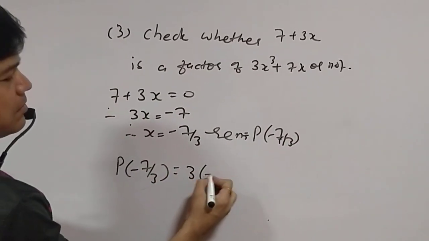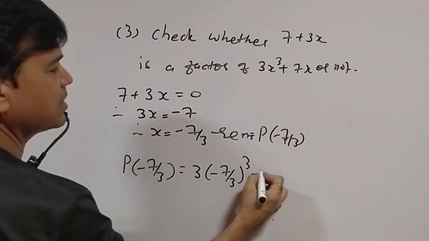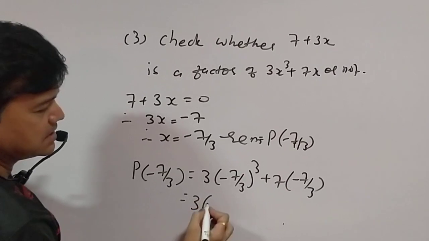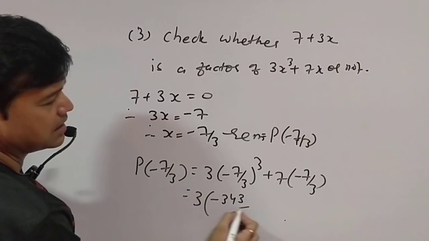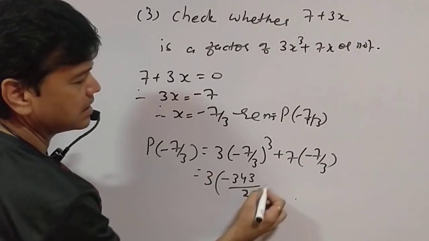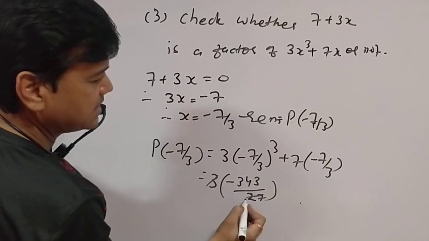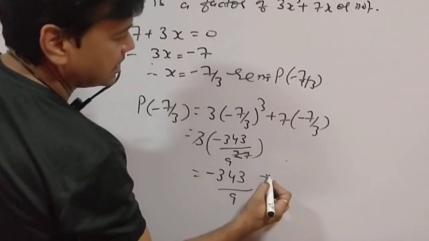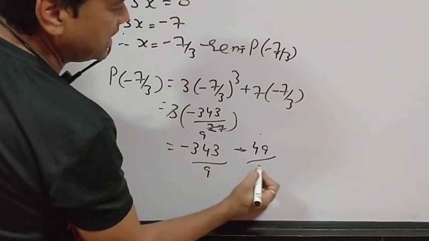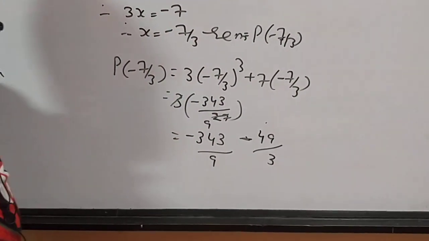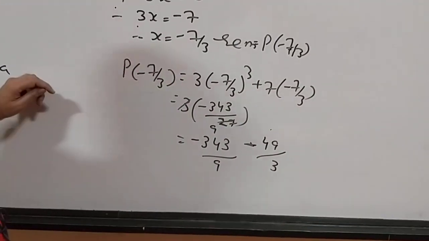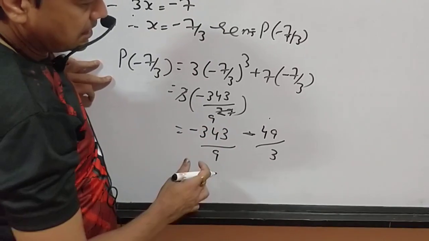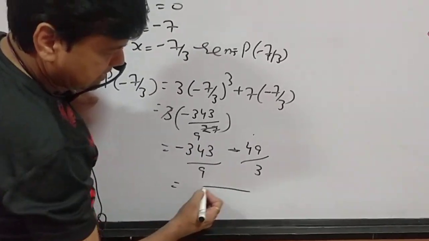3 into minus 7 by 3 cube, minus 7 into minus 7 by 3. Minus 7 cube, you know, 3 9s are 27, minus 343 upon 27, minus 49 upon 3. Take LCM.